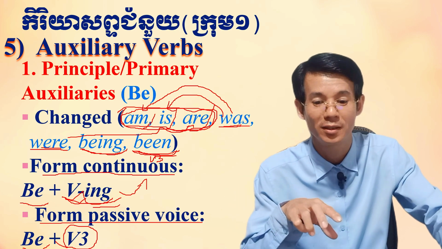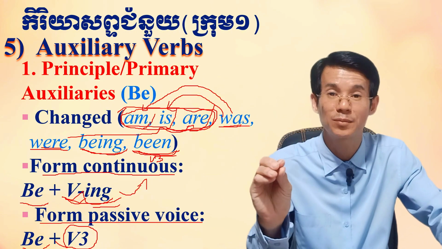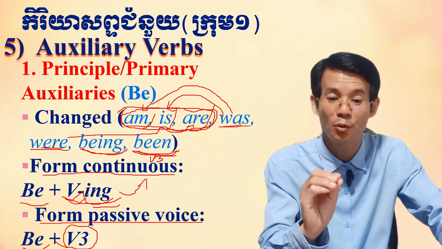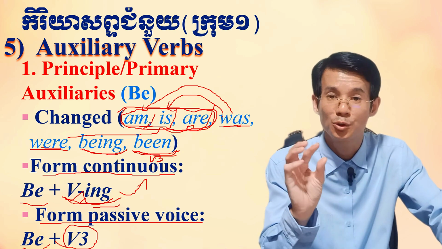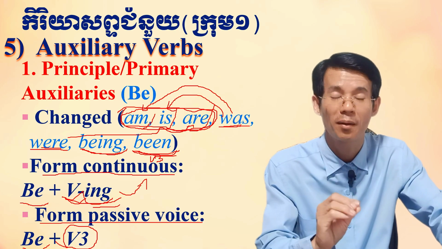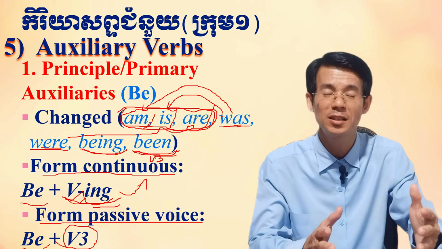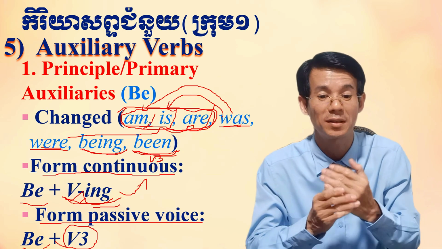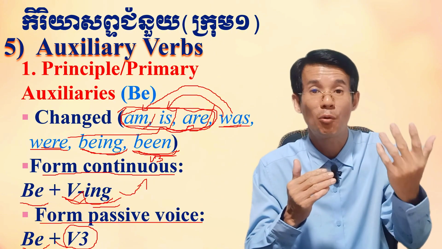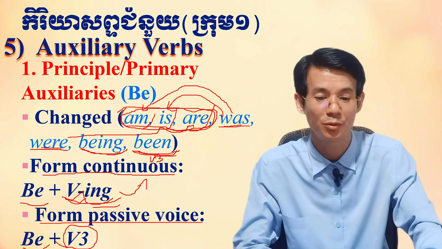To be is changed according to subject and tense. To be helps the main verb form continuous tense and passive voice. In the next part I'm going to show you some examples of how verb to be helps form continuous tense and passive voice. So let's move.